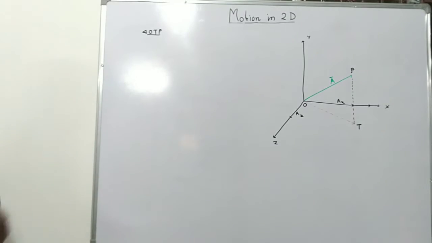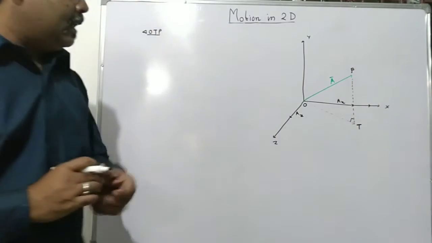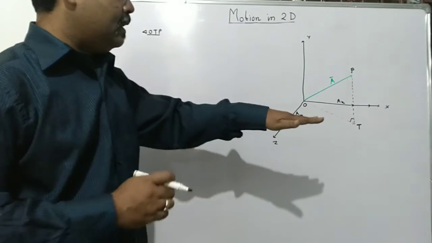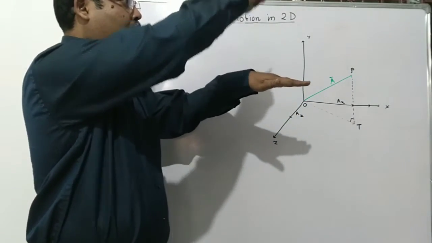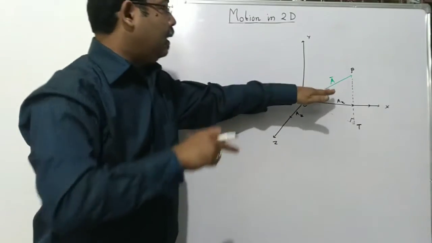Why? Because this angle here is 90 degrees. It's a little difficult to visualize, but say this is the plane, we had a vector like this, and we have dropped a perpendicular here. So we are talking about this line, and this will be the vector A.